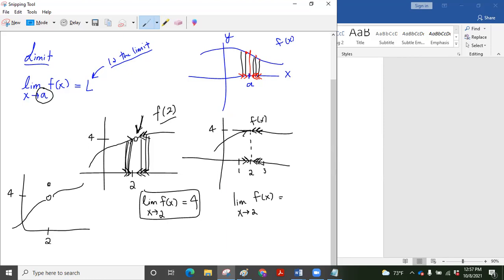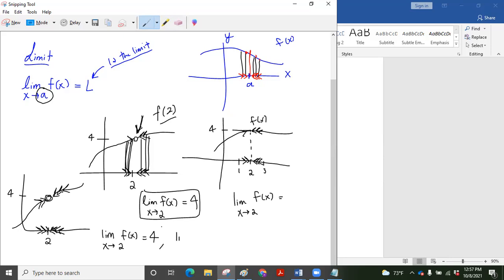If I ask you what the limit is as x approaches 2 of f of x, we know that the corresponding y values are approaching 4, correct? As we move closer and closer to 2 from both sides, we approach a corresponding y value of 4. So the limit exists, and we note that it exists at an undefined point.